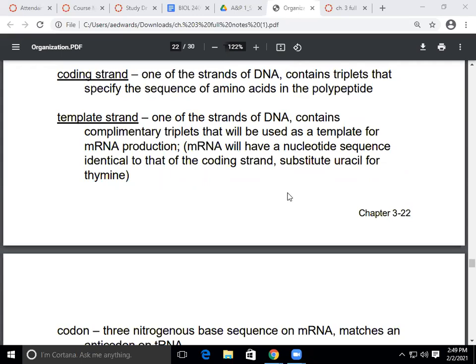It contains the complementary triplets that will be used as a template to make your mRNA. Your mRNA is going to have a nucleotide sequence identical to that of your coding strand. The exception is that RNA has uracil, DNA has thymine.